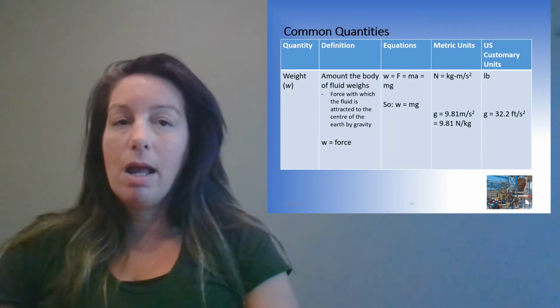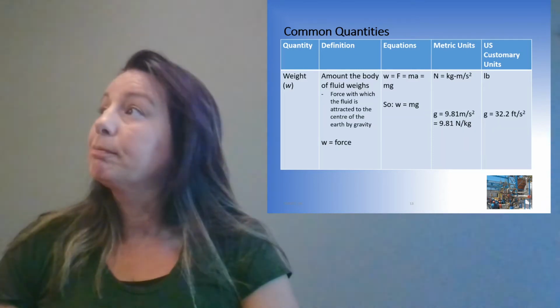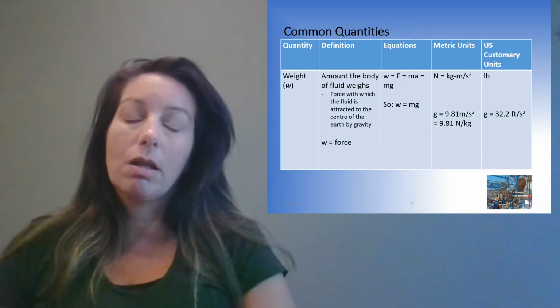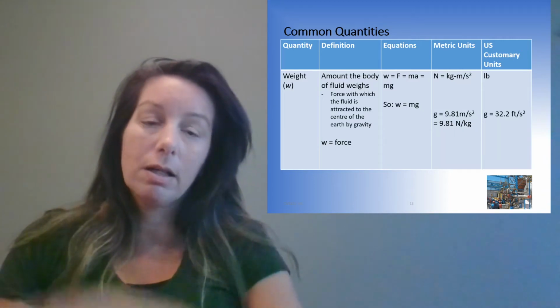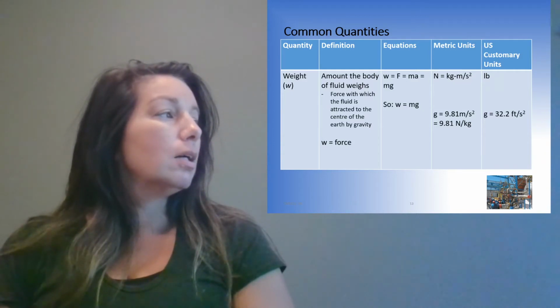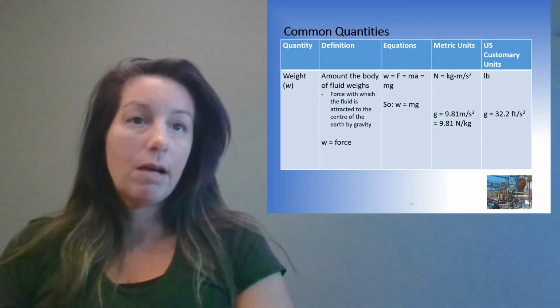So the fluid's going to weigh something different at the top of Mount Everest, or sea level, or on the moon, or whatnot. But again, generally for this course, we live in a world of sea level gravity.